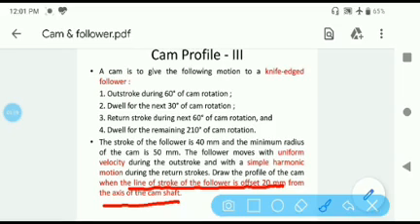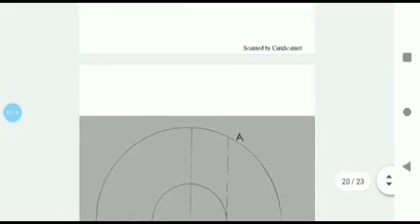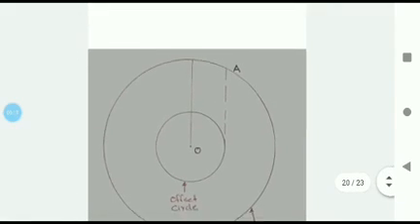So now we will discuss how to draw the cam profile in the case of an offset cam and follower arrangement. The procedure to draw the cam profile of this particular question has a slight difference to that of the first or the second question. We can discuss it in detail.